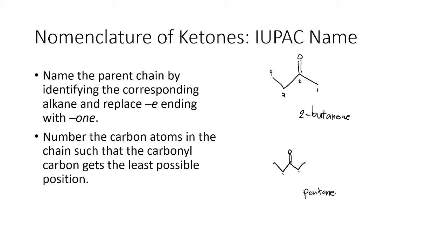And sabi niya, we just need to drop the E. And we just need to locate the position of our ketone here. So, meron tayong 1, 2, 3. Pwede siyang 3. Pwede rin siyang 3. So, we have here 3-pentanone. So, that is the basic for the naming of ketones.